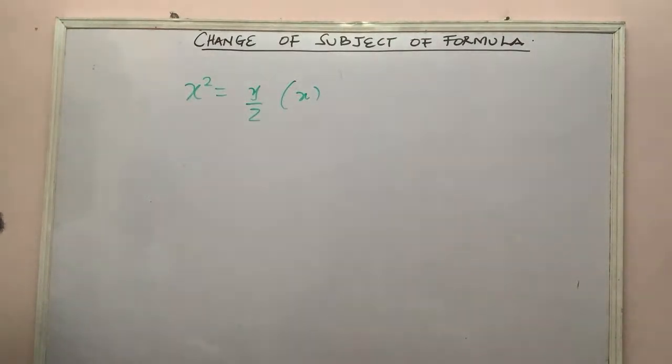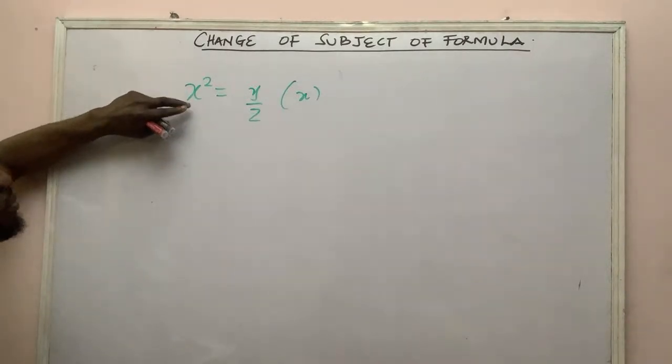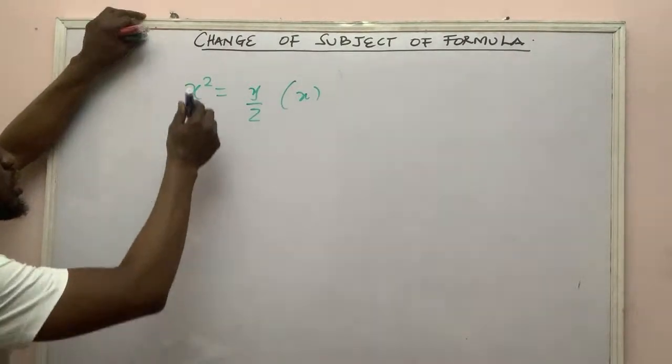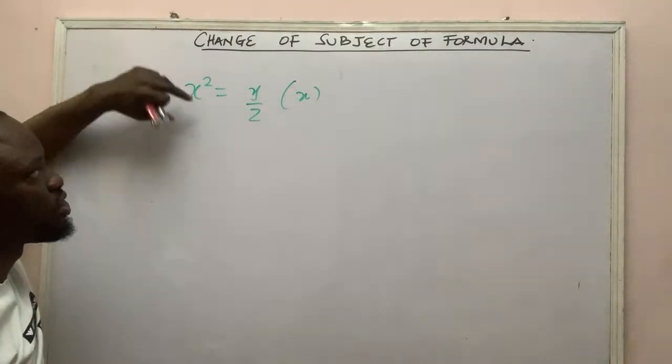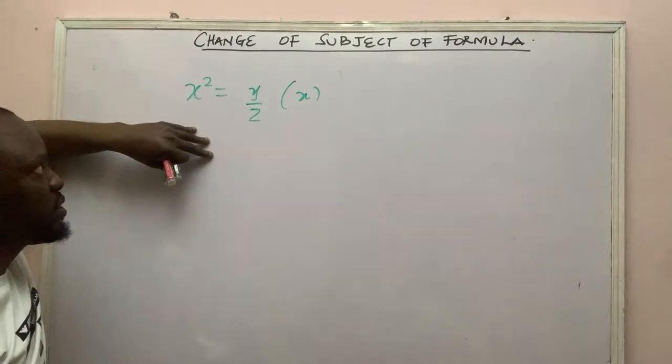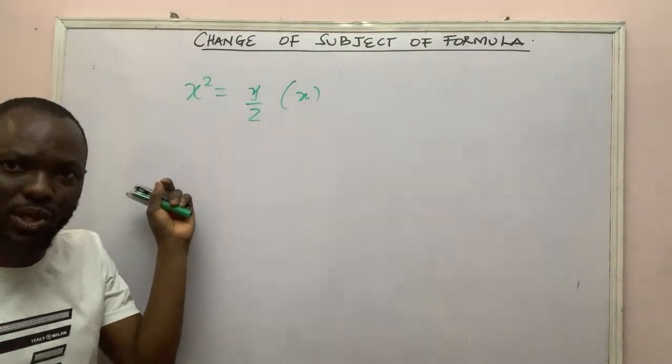There are two approaches you can look at. If you want to make x the subject, you know the power of x is this. So it's either I find the square root of both sides, or I try to get rid of the power because I want to make x the subject.